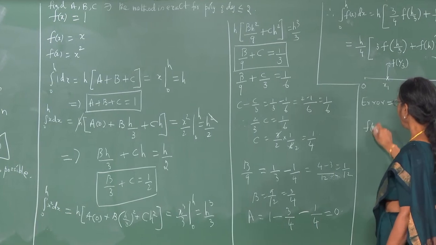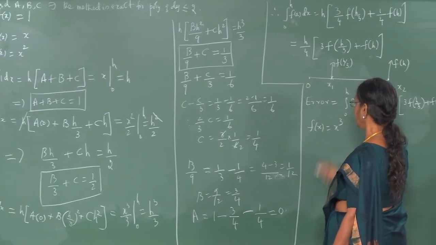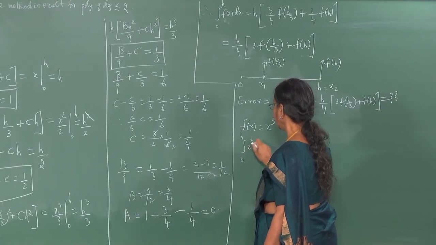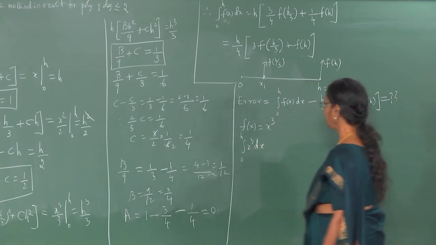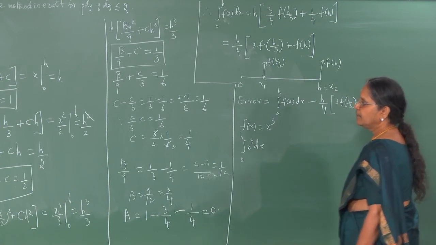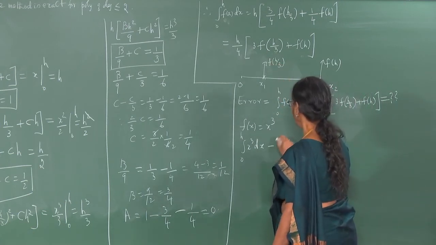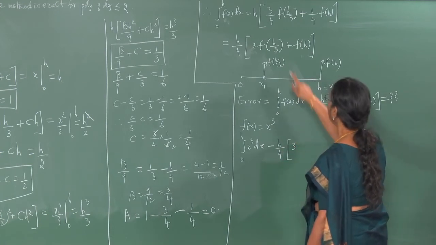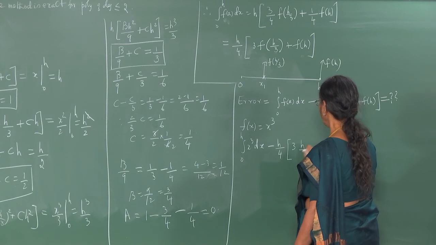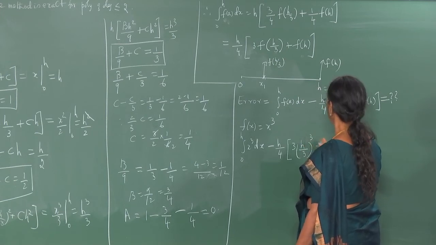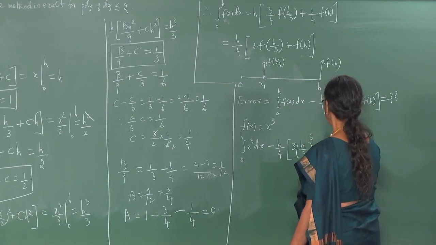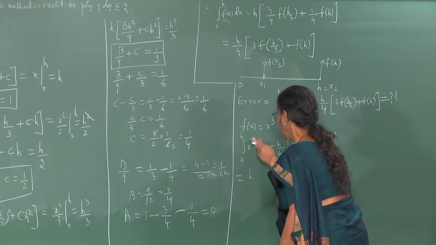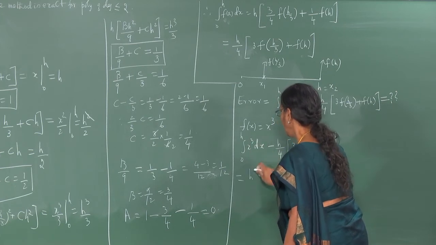By taking f of x is equal to x cubed, the integral from 0 to h of x cubed dx, and the method gives you minus h by 4 into thrice f of h by 3, so h by 3 the whole cubed, plus f of h, which is h cubed. So, this gives you x power 4 by 4 between 0 and h.